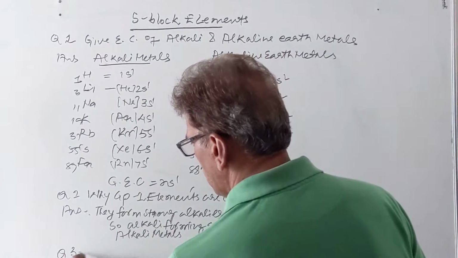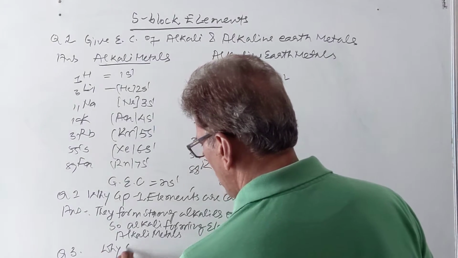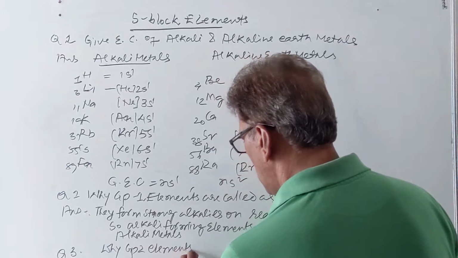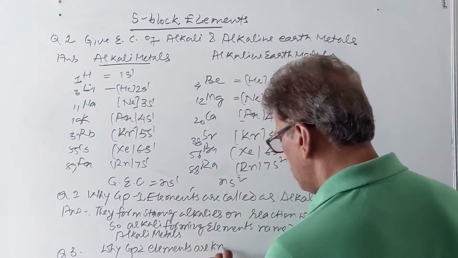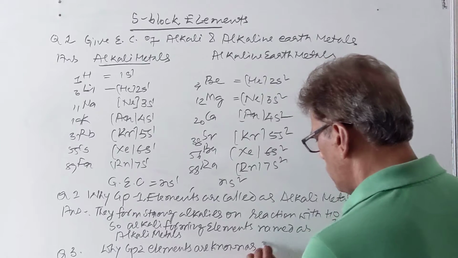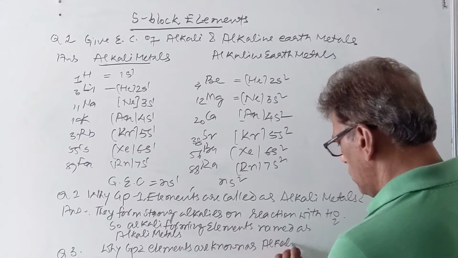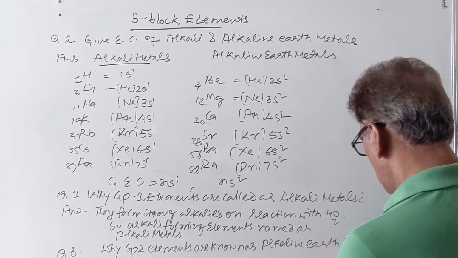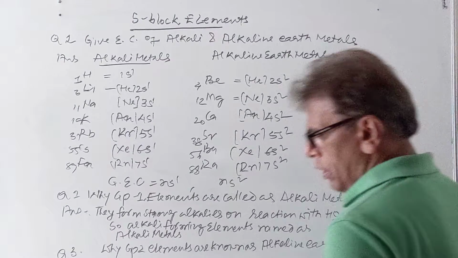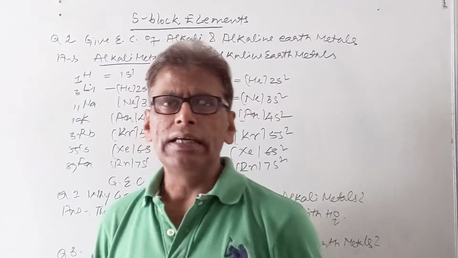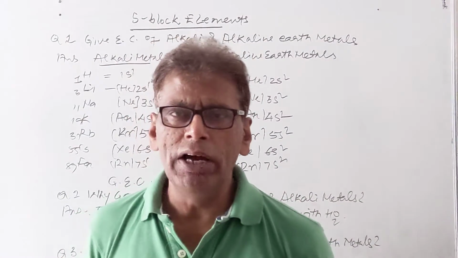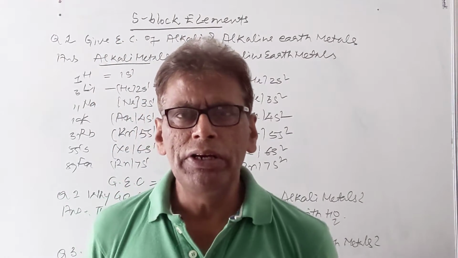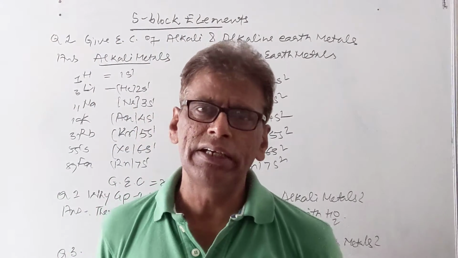Then we have question number 3: why group 2 elements are known as alkaline earth metals? It is again the tendency on the part of group 2 elements to produce alkalis on reaction with water, and the capability of their oxides not to be affected by heat.